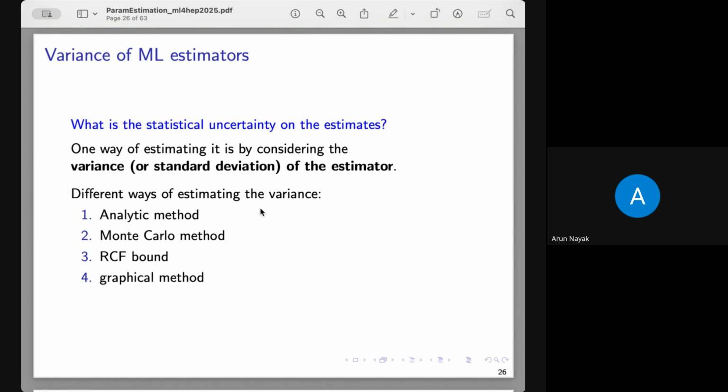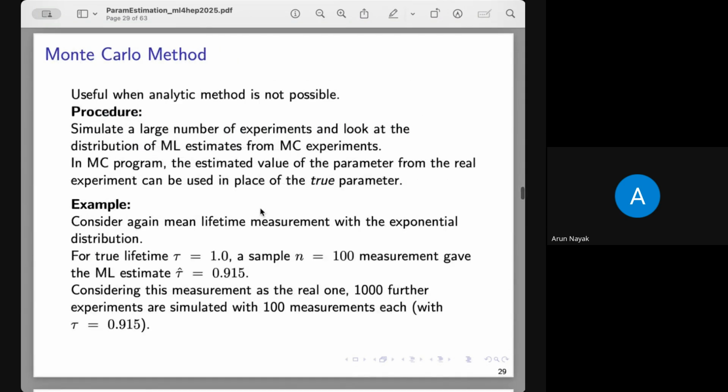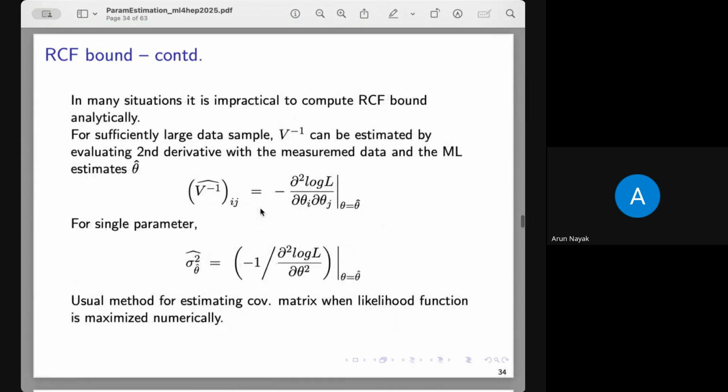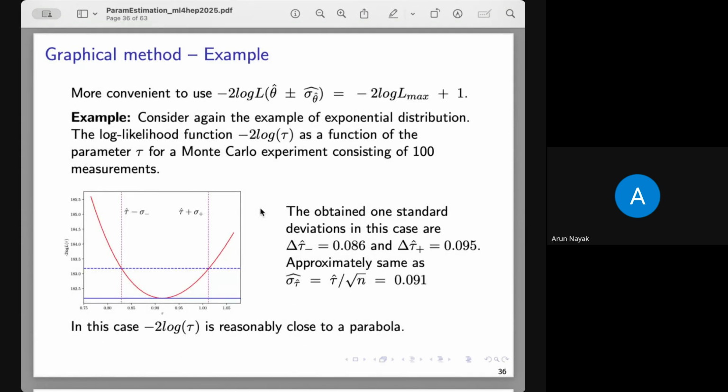There are four different methods: analytic or Monte Carlo methods, RCF bounds, and the graphical method. In most cases, the RCF bound or the graphical method is used to obtain the variance. This is what we discussed in the last class.